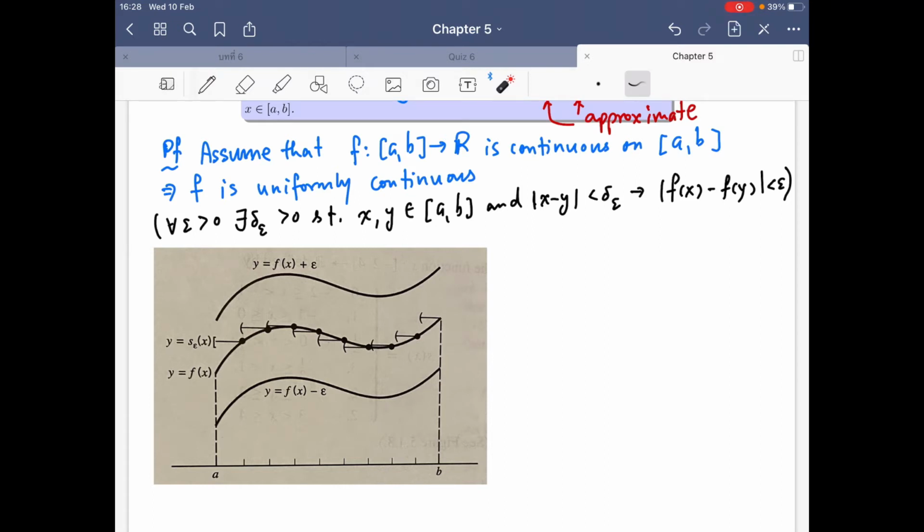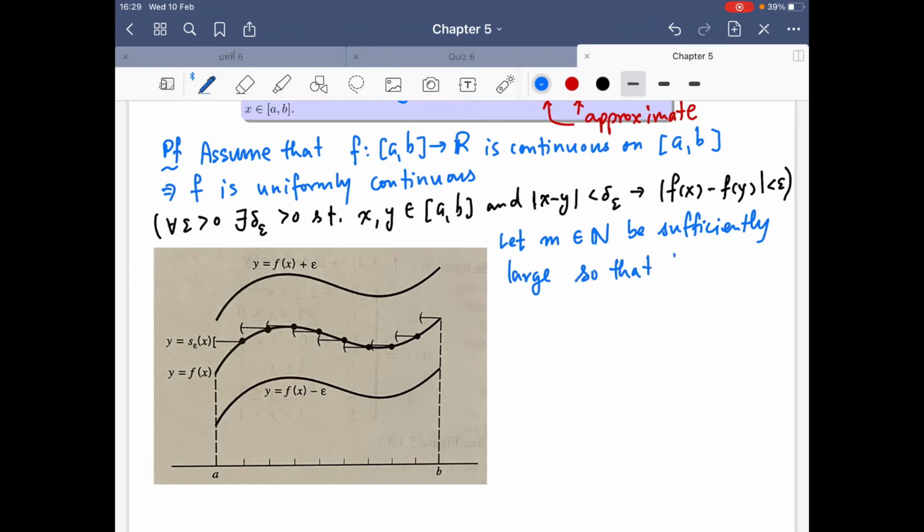So to do the dividing, we are going to let m, a positive integer, be a sufficiently large integer, so that h equals b minus a over m will always be less than this delta epsilon.